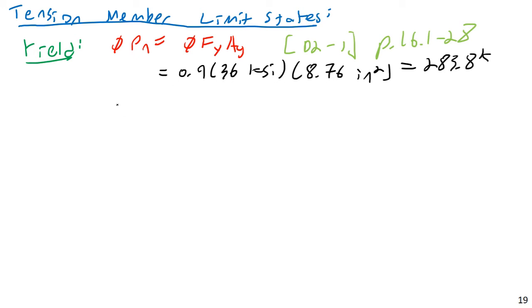And so then, this is actually our factored resistance. Basically we need to be sure in all cases that our phi Pn is greater than our factored load. In other words, factored resistance must be greater than or equal to factored load.